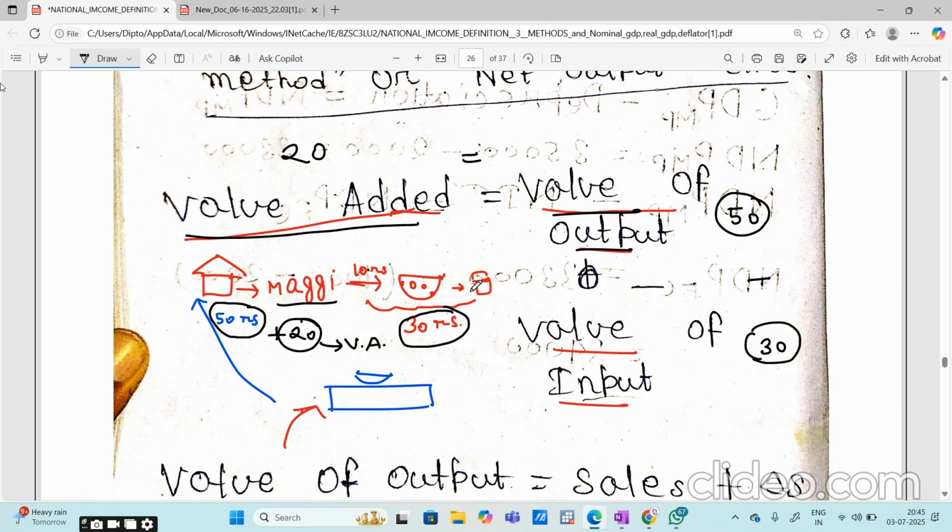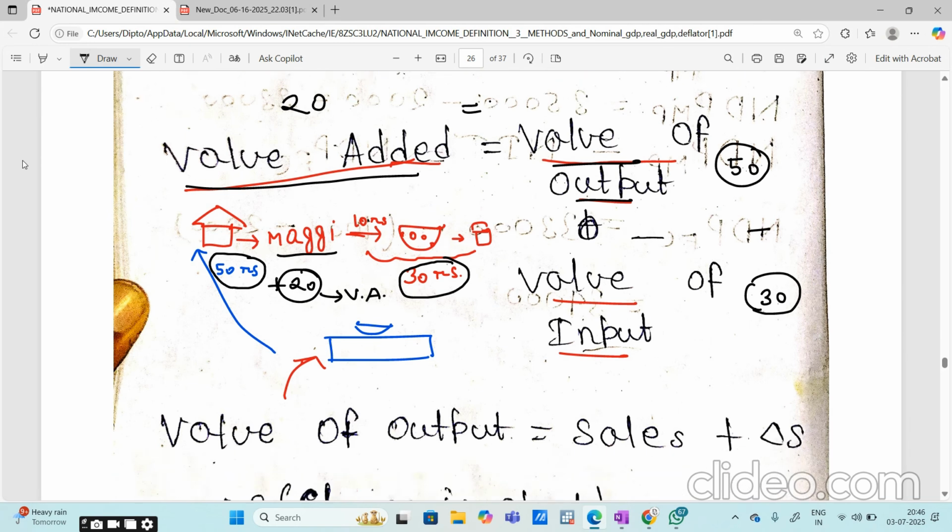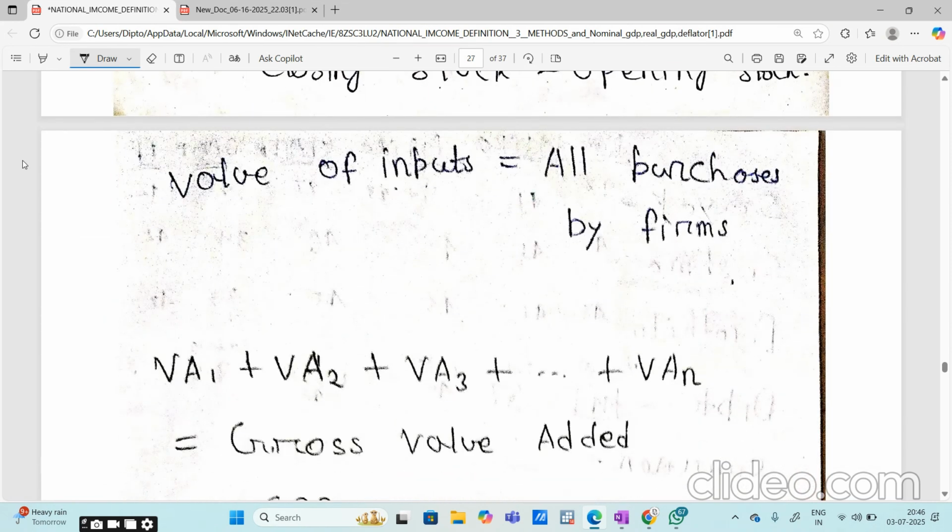So, calculating national income with the help of the product method or the value addition method. Product method and value addition method are basically the same, synonyms. For calculating the GDP with the value addition method, you have to find out in a simple way. As you know, there are three sectors in the economy: the primary sector, the secondary sector, and the tertiary sector.